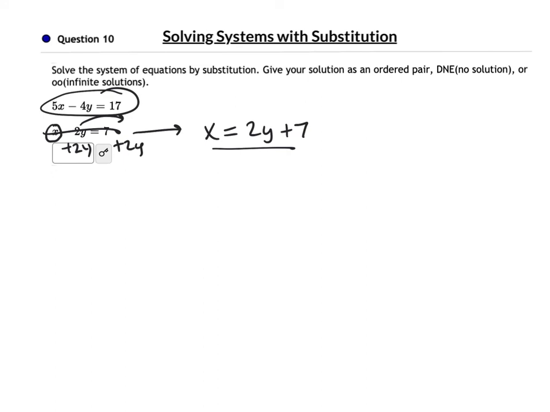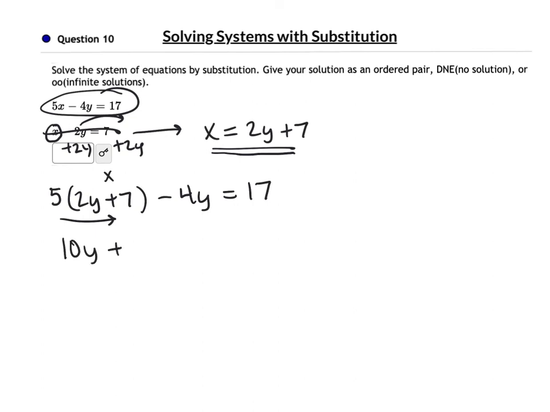The top equation now becomes 5 times x. This is my x, and I know what x is. It's the same thing as 2y plus 7. 5 times 2y plus 7 minus 4y equals 17. Let's distribute. 5 times 2y is 10y. 5 times 7 is 35.